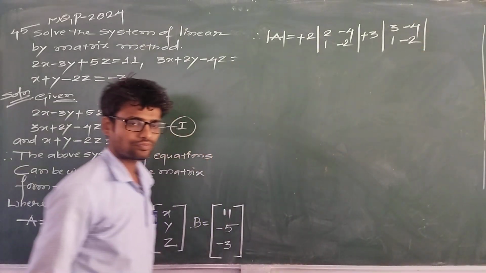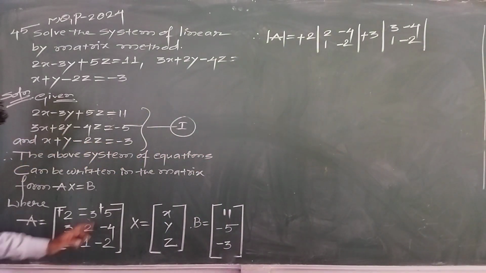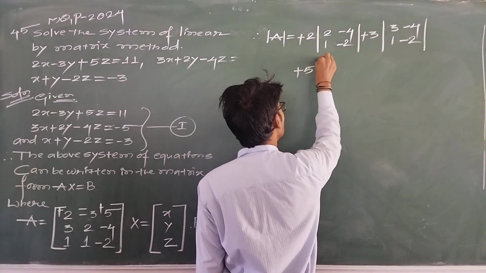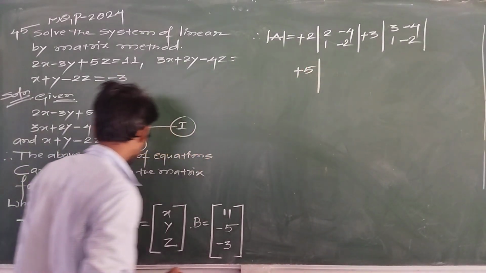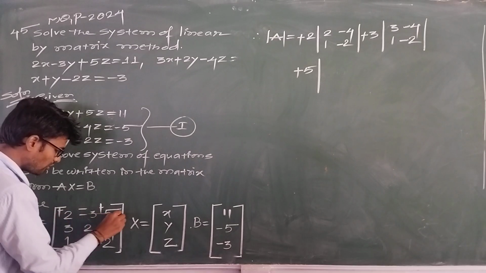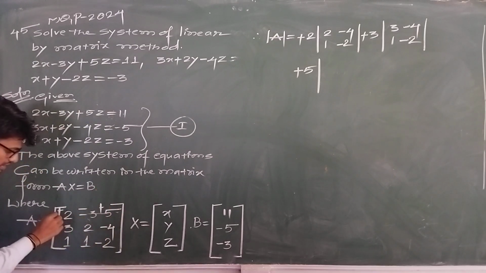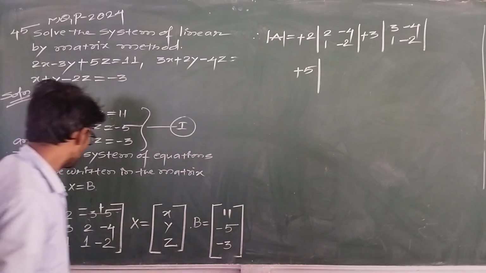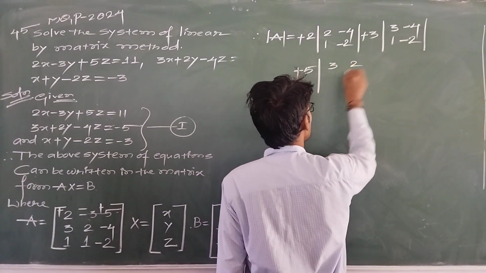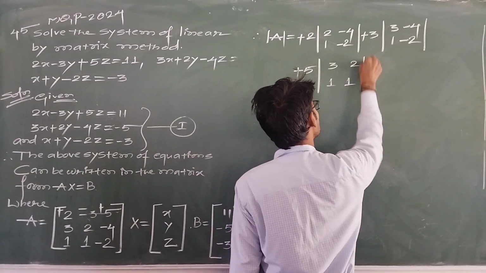Next, you write plus 5 and take the elements inside the determinant by deleting this row and this column. So the elements inside the determinant are 3, 2, 1, 1.